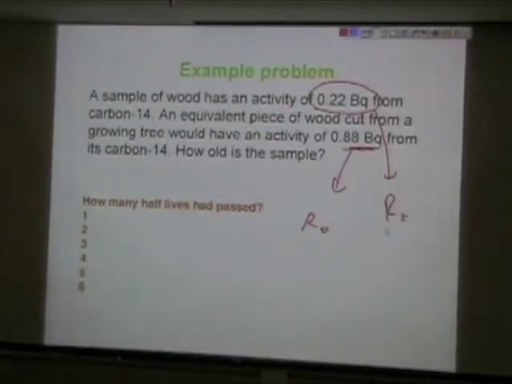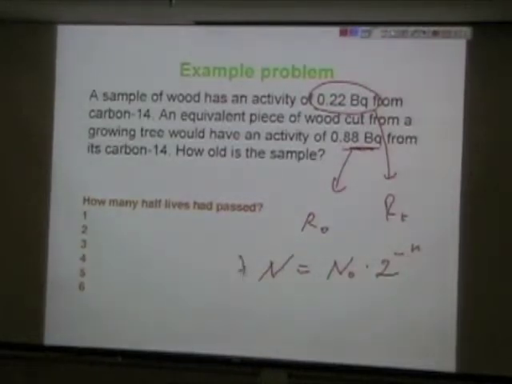The law of radioactive decay relates numbers of elements. How can we rewrite it in terms of activity? Well, activity is just the actual number of radioactive elements times the decay constant.